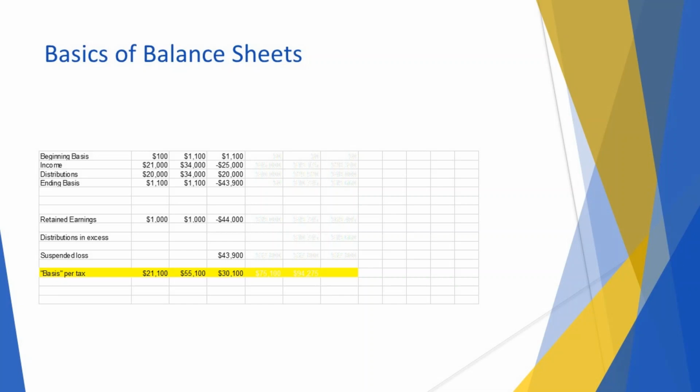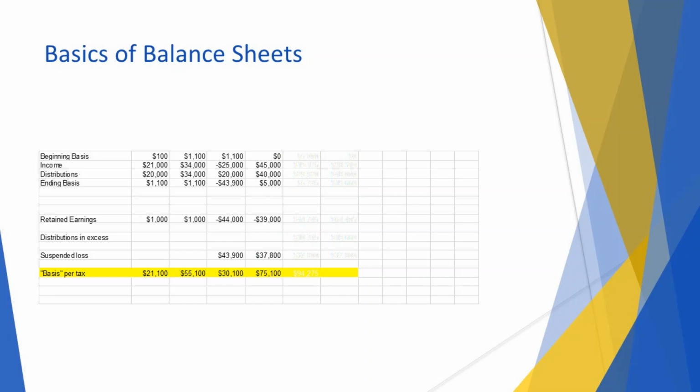So Sally has basis of $1,100 to begin with, plus $35,000 of net income, minus $20,000 for distributions, totaling $16,100. This allows $16,100 of the Section 179 deduction to pass through and leaves $43,900 suspended to the future.